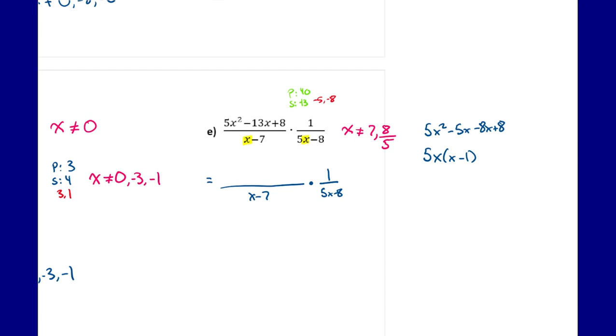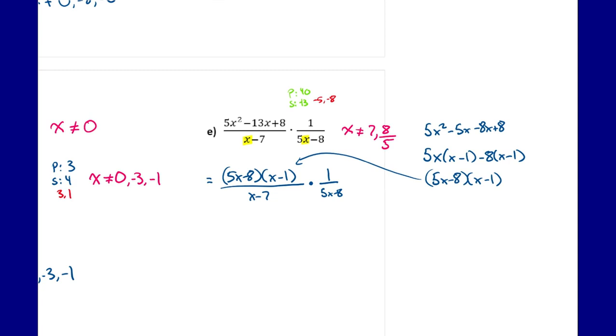And then I can take out a -8. So I have -8 and then x minus 1. So my factored form becomes 5x minus 8 times x minus 1. I'm going to take that and put it back in. So 5x minus 8 times x minus 1.